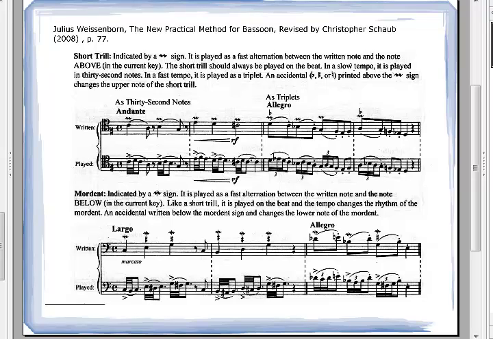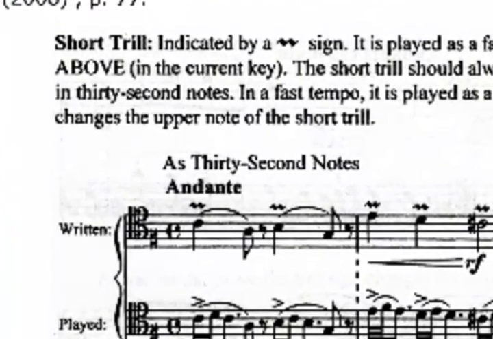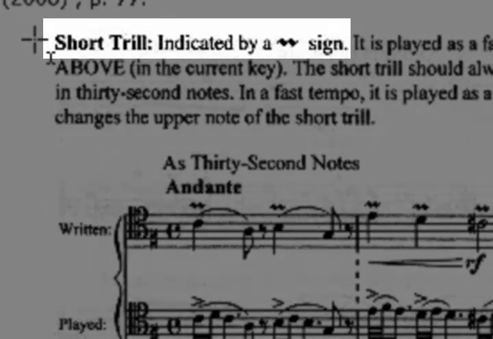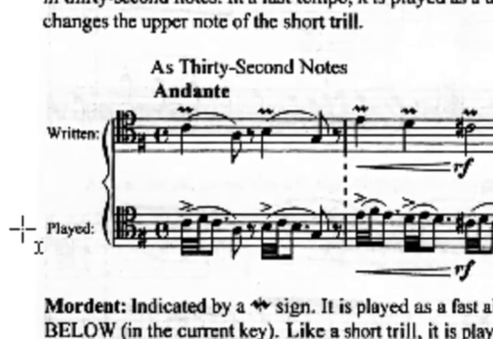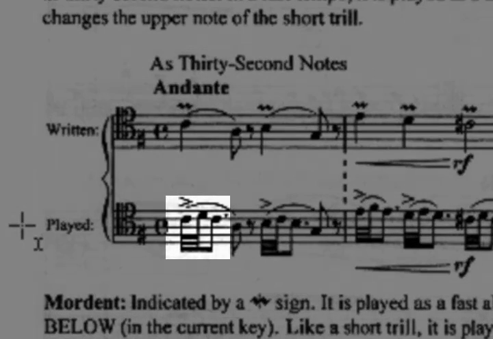Unfortunately, this tradition has been continued in many of the Weissenborn books that we have. Christopher Schaub has a new Weissenborn, a new practical method for bassoon, in which he correctly translates this. He shows short trill indicated by the sign without the dash through it. And you can see here that it is played above the note.